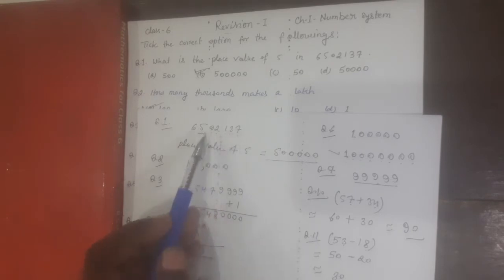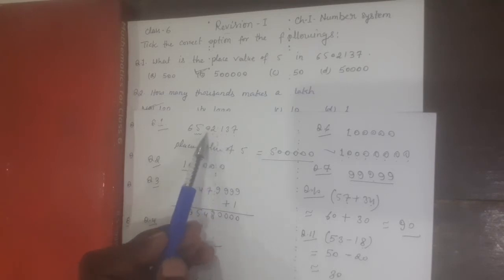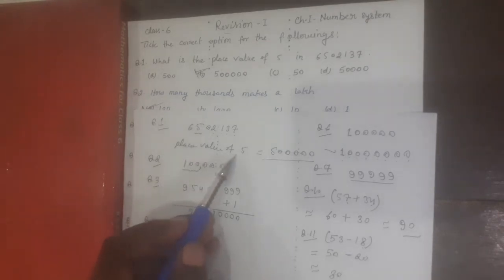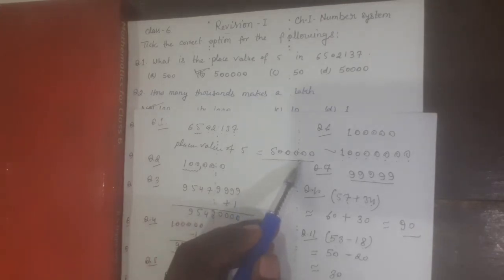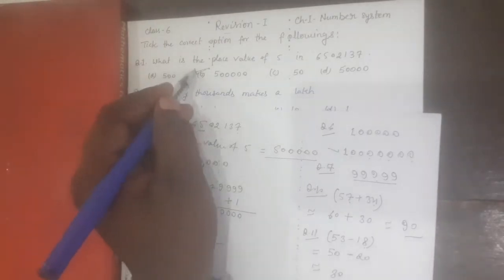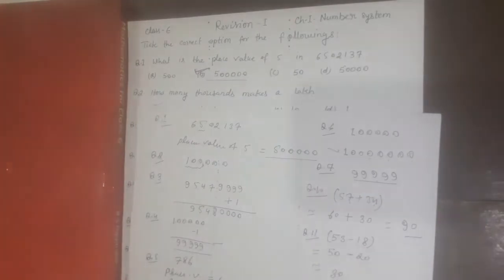So let's count the place value: ones, tens, hundred, thousand, 10,000 and lakh. This 5 is at the position of lakh, at the place of lakh. So that's why the place value of 5 is equal to 5 lakh. Okay. So see here, this 5 lakh is here. This B option is correct. Okay. So this B option is correct.